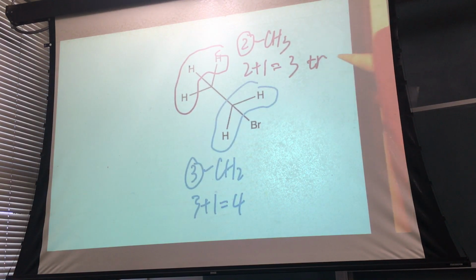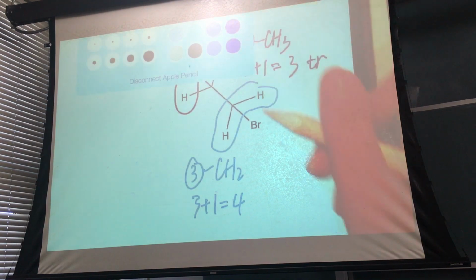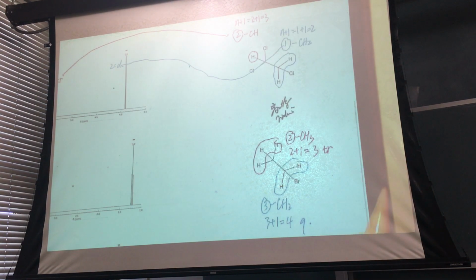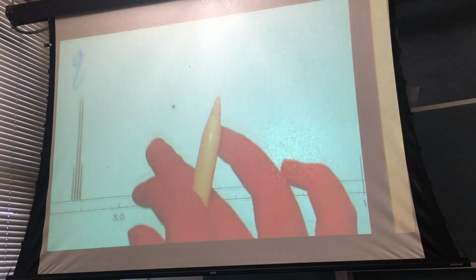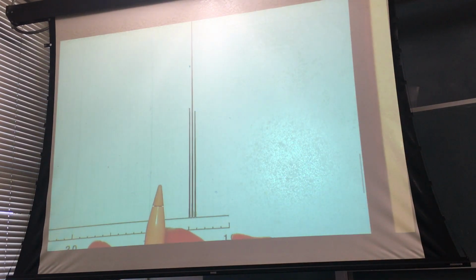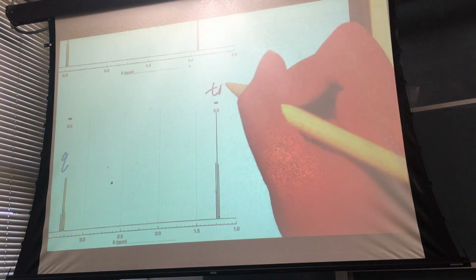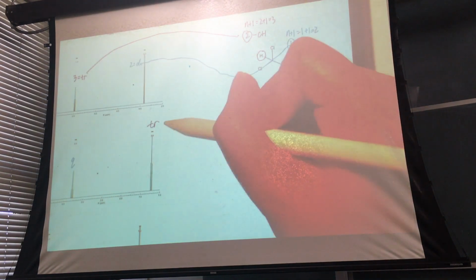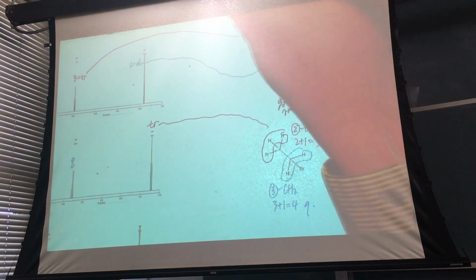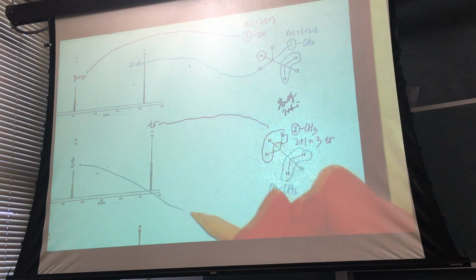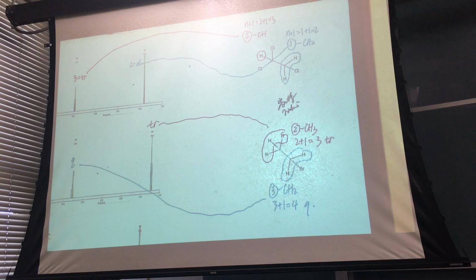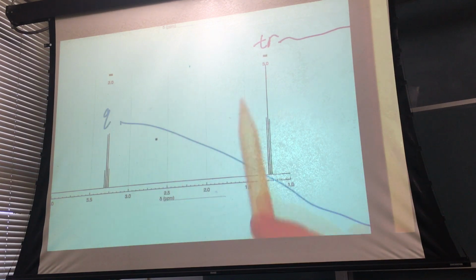So this is a triplet, and that one is a quartet. Let's see. Quartet and triplet. So the triplet should be this one, and the quartet should be this one. Also the intensity, 2 and 3.